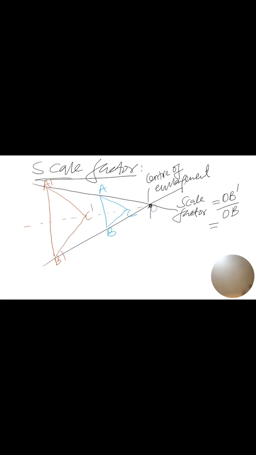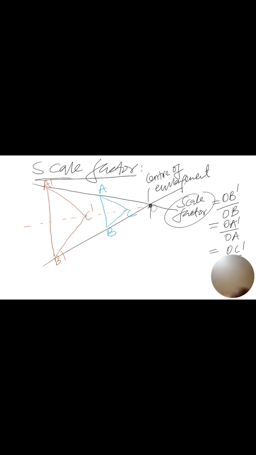And this will also be the same as OA prime over OA, which is the same as OC prime over OC. So that is one way of getting the scale factor.